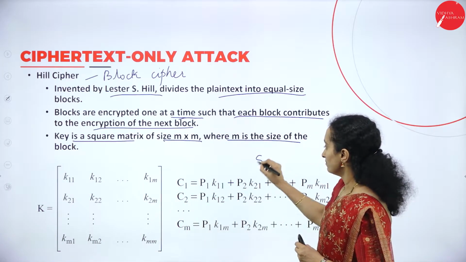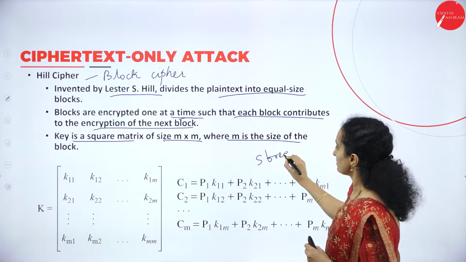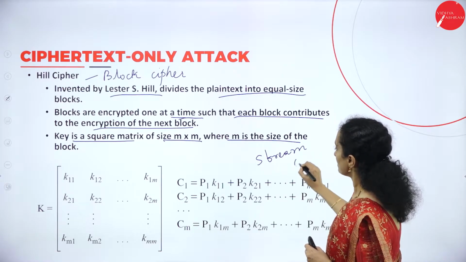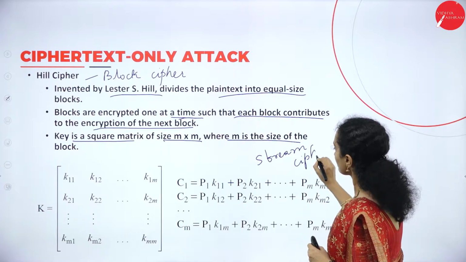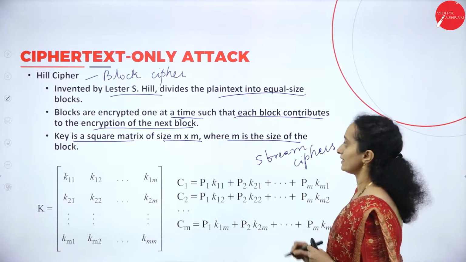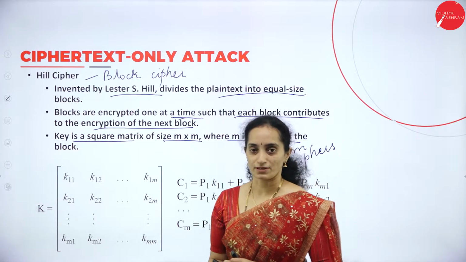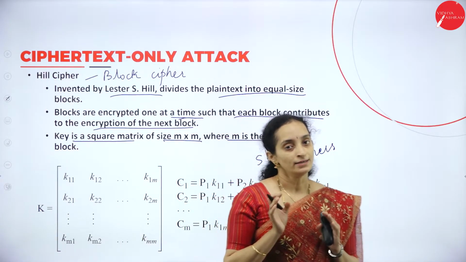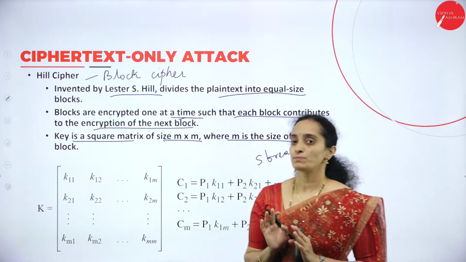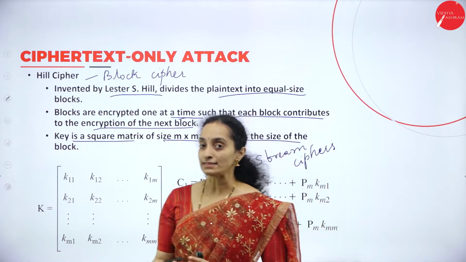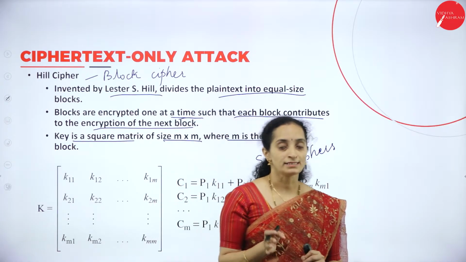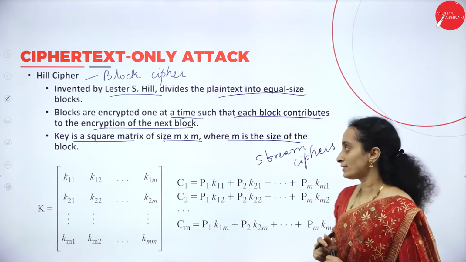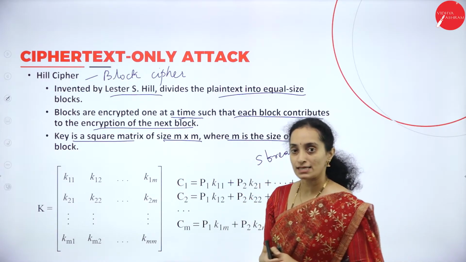We have two types, that is stream ciphers and block ciphers. In stream cipher, all the characters are included at a time for the process of encryption as well as decryption. But in block cipher, a block of text is considered.